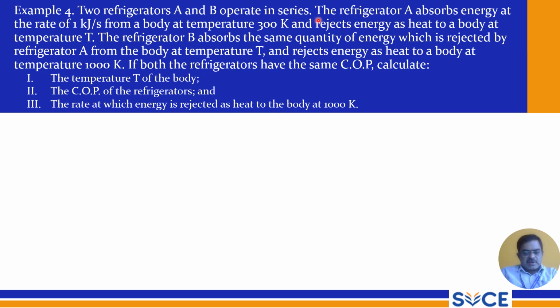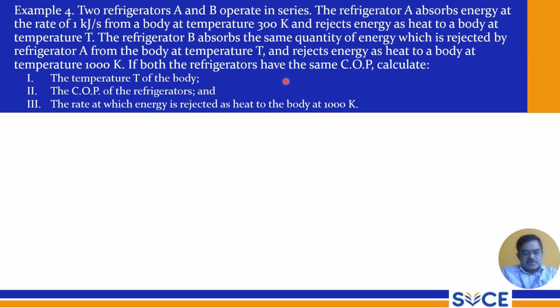Refrigerator A absorbs energy at the rate of 1 kilojoule per second from a body at temperature 300 Kelvin, and rejects energy as heat to a body at temperature T. Refrigerator B absorbs the same quantity of energy which is rejected by refrigerator A, so whatever energy A gives becomes input to the next refrigerator, B. It absorbs from the body at temperature T, and rejects energy as heat to a body at a temperature of 1000 Kelvin.